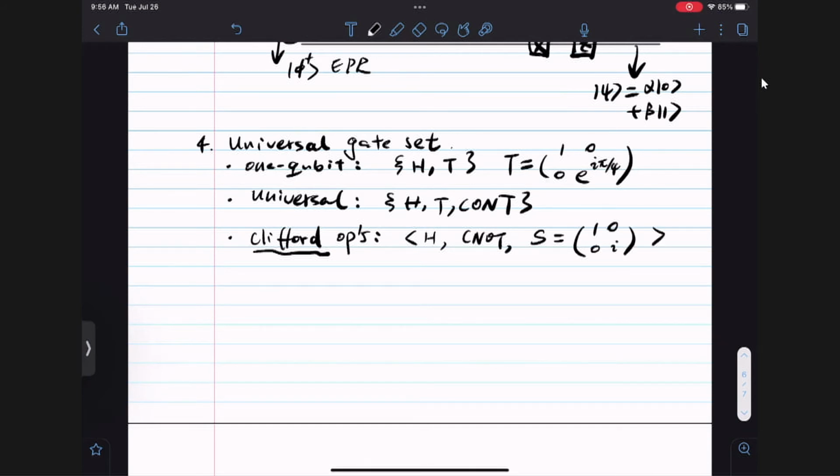So the Clifford circuits, they're often kind of a test bed for quantum information protocols. If you want to start from somewhere, you come up with a scheme that works for Clifford operators. Okay, so this is just a brief comment I want to make on universality of quantum gates.